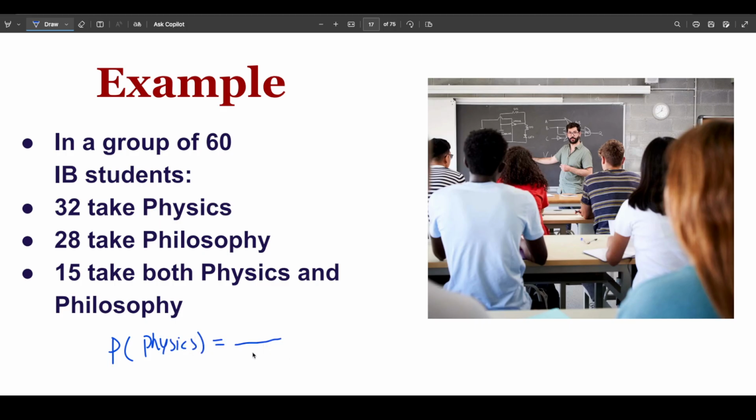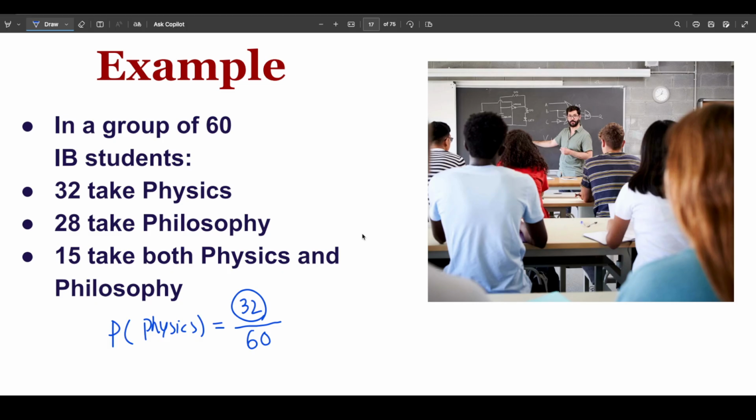You have 60 students, and out of 60, 32 have physics. So the probability is 32 over 60. If you want it in percentage, all you have to do is multiply by 100.